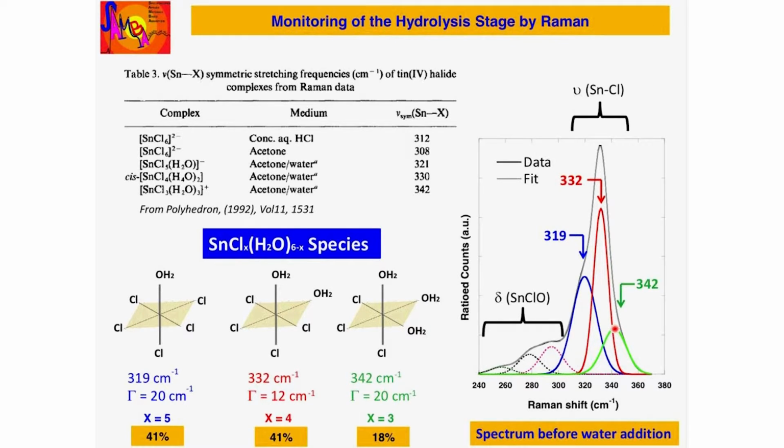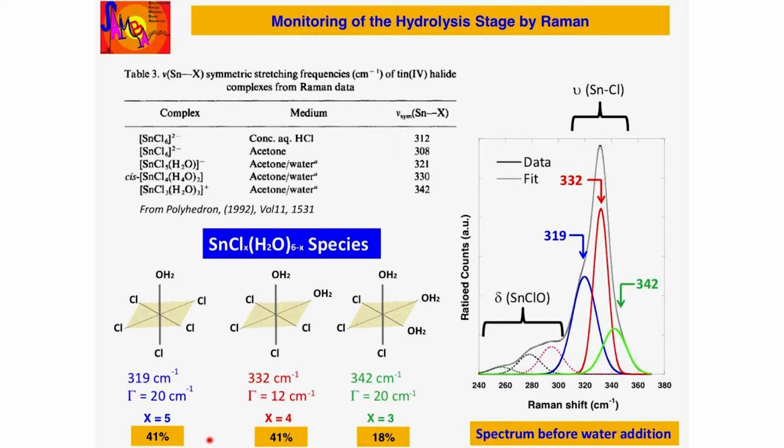Using this information, the well-known fingerprint for each complex, and using a deconvolution procedure of the Raman data collected at any stage of the reaction, you can achieve a very good description of the composition of the solution.